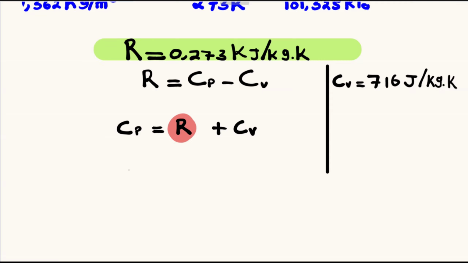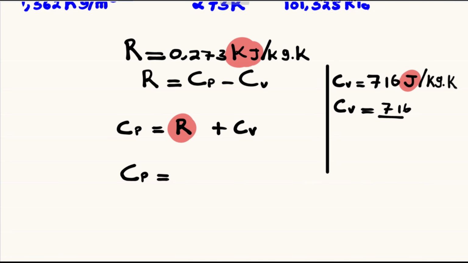And now Cp will be equal to the R plus the Cv, but then we have a discrepancy. The R is in kilojoules and the Cv is in joules. So we can divide the Cv by 1000 so that we can convert it to kilojoules. So you have 716 divided by 1000, and this will be equal to 0,716 kilojoules per kilogram kelvins.